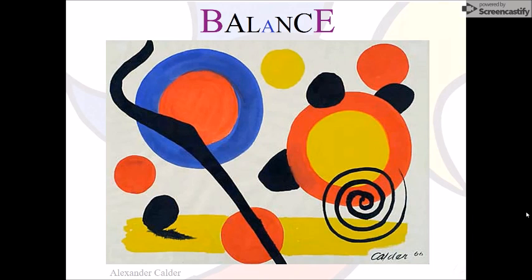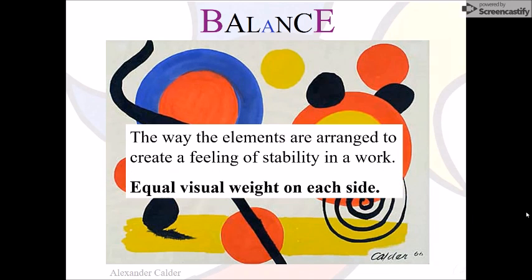The only one that isn't is blue, but that is balanced out by other darker values. And that does have a purpose, which we'll talk about later on. So balance is the way the elements are arranged to create a feeling of stability in a work. And most importantly, there's equal visual weight on each side.